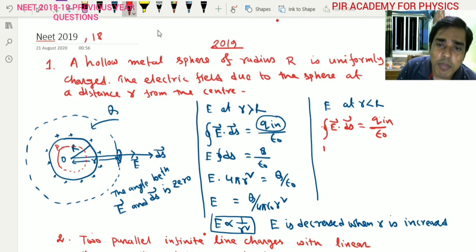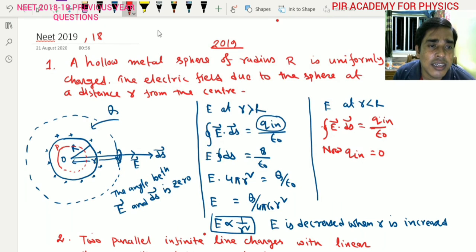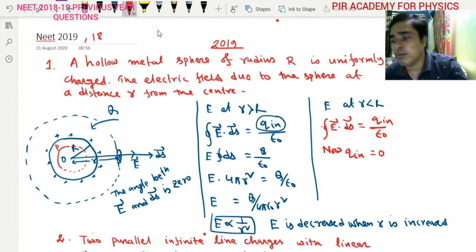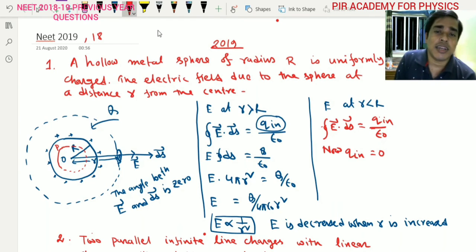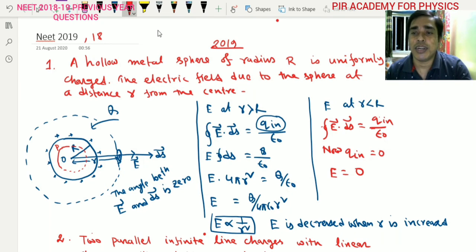Now q in inside this Gaussian surface is 0, because in a hollow metal sphere the charge always resides on the outer surface of the hollow metal sphere. That's why q in equals 0. That means the electric field inside this hollow sphere is 0. This is problem number 1.